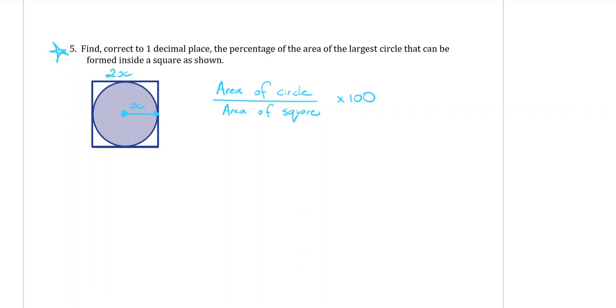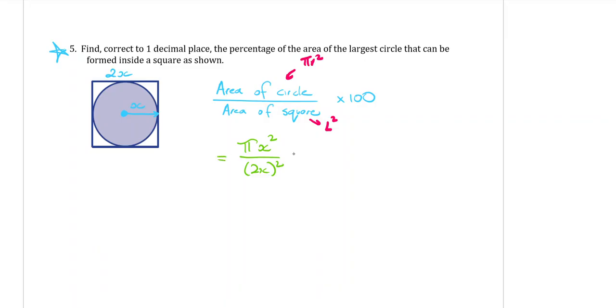So the formula for finding the area of a circle is pi r squared, which, for me, my radius is x, so it's going to be pi times x squared. The area of a square is a equals l squared, but the length of my square is 2x, so it's going to be 2x squared.